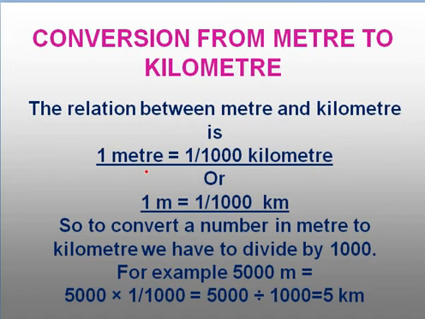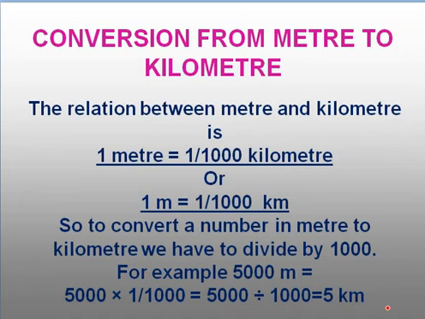Okay, since meter is a smaller unit, so 1 meter is equal to 1 upon 1000 of kilometer, or it can be written as 1 m is equal to 1 by 1000 km. So to convert a number in meters to kilometer, we have to divide it by 1000. Okay, for example, 5000 meter is there, we can write it as 5000 into 1 by 1000. Here 5000 into 1 is 5000 divided by 1000, that is 1000 fives are 5000, 5 kilometer.